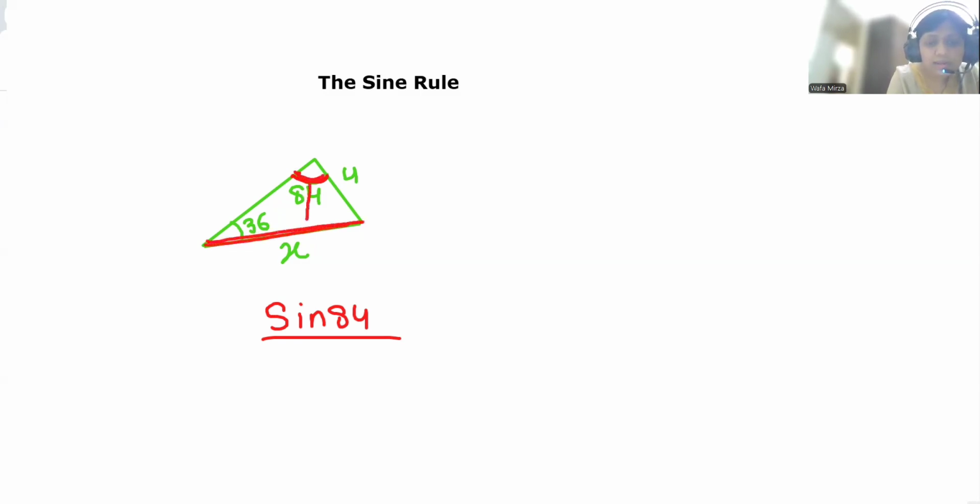So divided by x. That will be equal to angle 36. So I will write here sine 36, and the side which is just opposite to angle 36 has a length of 4 centimeter. So I will write here 4.